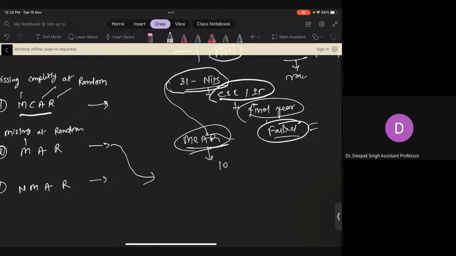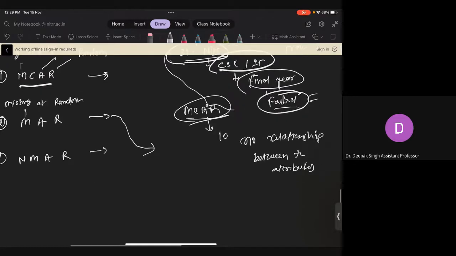That's why they basically have no relationship between the attributes. And in MAR, now there would be a relationship.